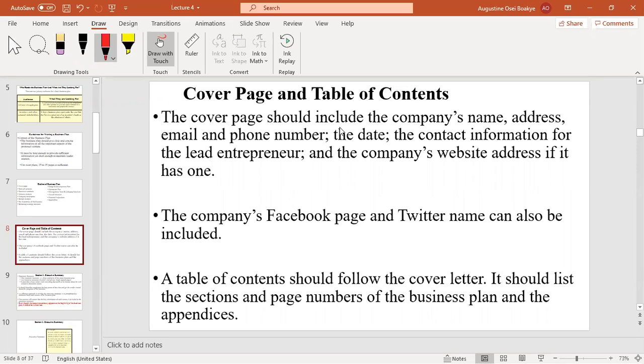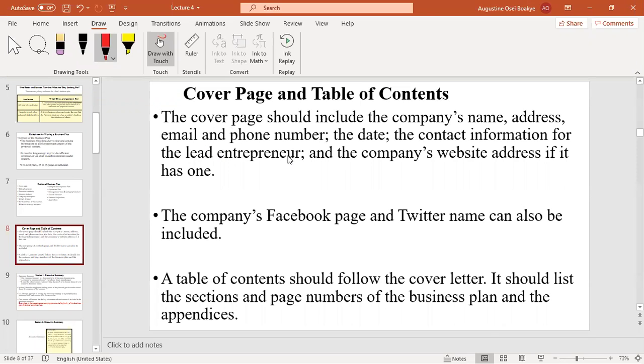In the same vein, when it comes to the cover page of a business plan, some of the information that we expect you to put there is the name that you have adopted for your company, your address, email address, your telephone number, the dates where you are writing it, and the contact information of the lead entrepreneur.